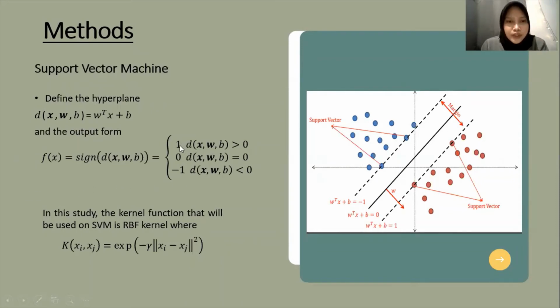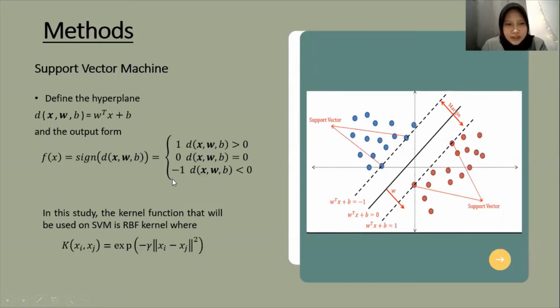The value is 1 if the equation is greater than 0, value 0 if the equation equals 0, and value -1 when the equation is smaller than 0. Here are the margin, the hyperplane, and the two classes of data.